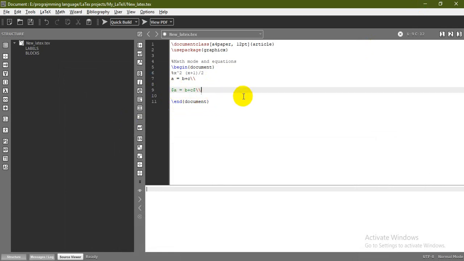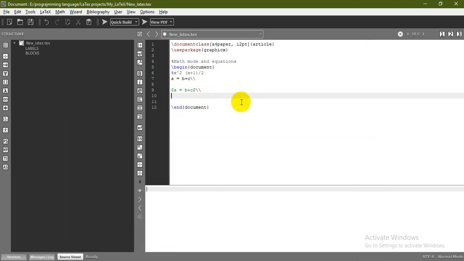Now the second method of writing the math mode is using the double $ signs, and you write other double $ signs on the other side. So let's say you have A is equals to B plus C. This particular one is used in placing this on a particular line for itself.